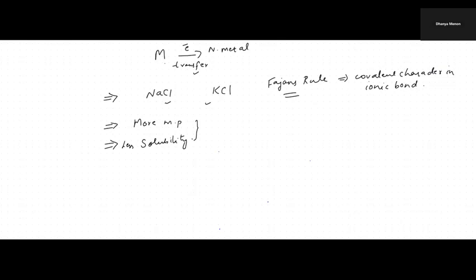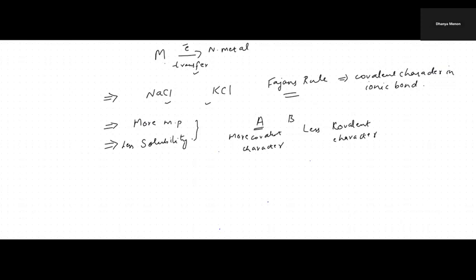Suppose compound A and compound B. If compound A has more covalent character, compound B has less covalent character comparatively. We cannot tell the percentage, but we are comparing B from A. So if we compare A and B, A has more covalent character.